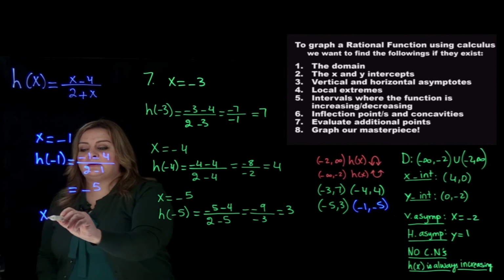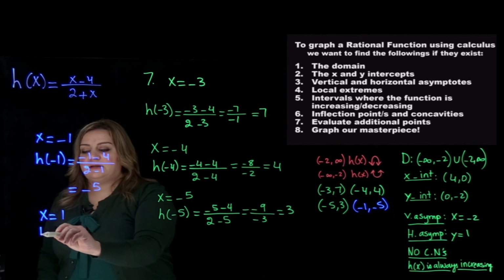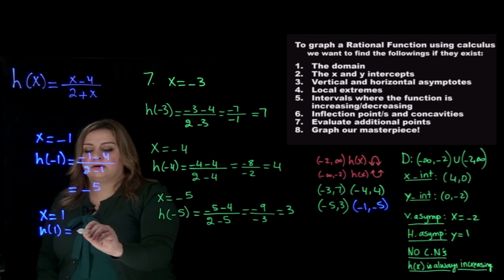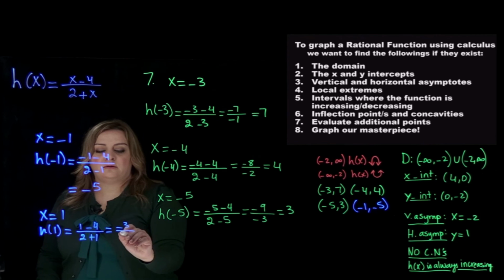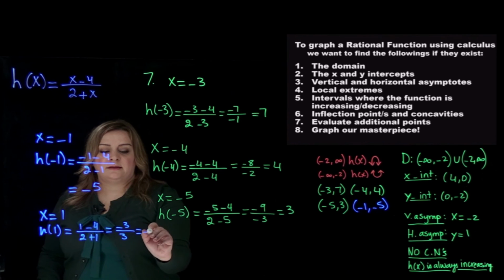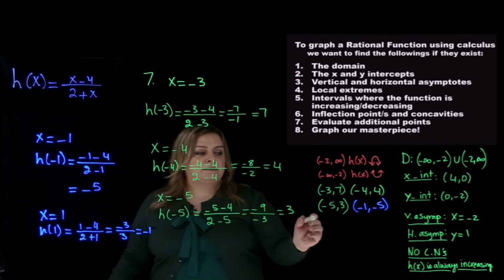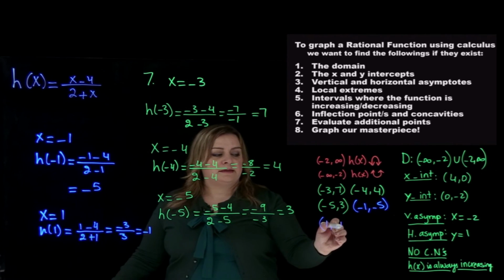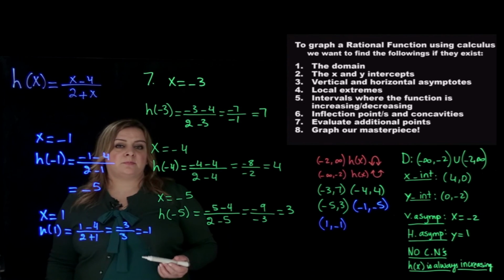I want to choose x equals 1. And h of 1 is going to be 1 minus 4 over 2 plus 1, which is -3 over 3, and that's a -1. I want to add this point to my data, 1, -1. Now I have sufficient points to graph my masterpiece.